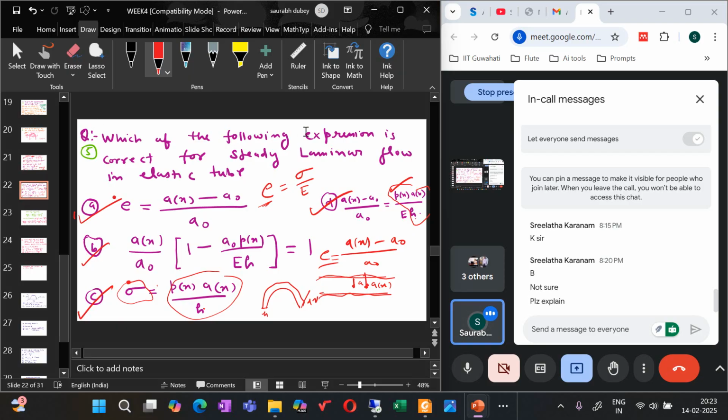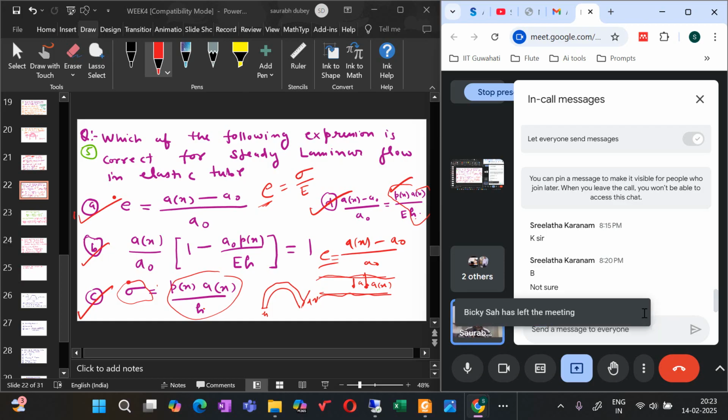So I think in the last lecture it is there, the Windkessel model also, and before that the elastic tubes, the discussions on elastic tube where the closest scenario of the blood vessel has been considered. So there you see this strain, stress, and how that stress depends on the dynamic radii and also this pressure and the thickness of the tube.